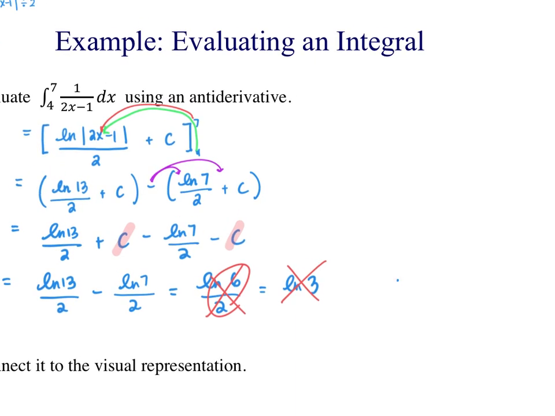If you graph this, the graph is called a hyperbola. This graph would come down in quadrant 1, and it would have a mirror reflection of it in quadrant 3. And then if we go from 4 to 7, there's 4, 5, 6, 7. So we've got this little wedge of area, which connects to the value of the natural log of 13 minus the natural log of 7, both over 2.